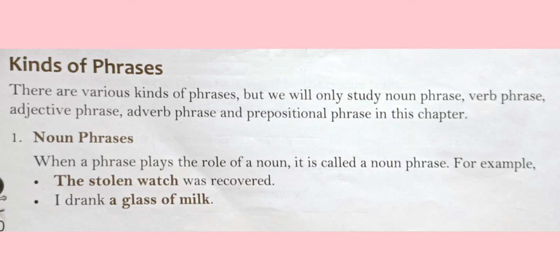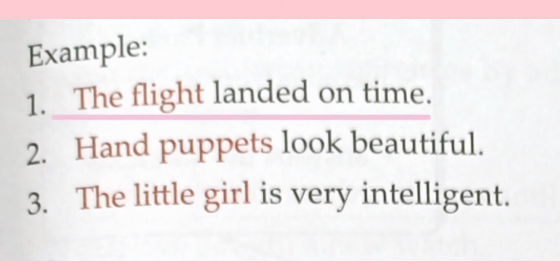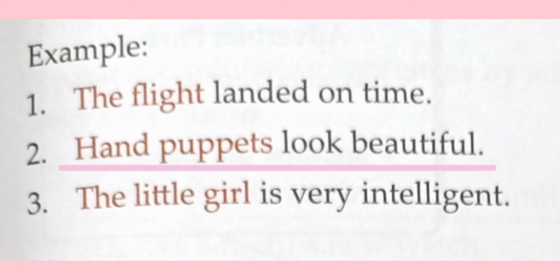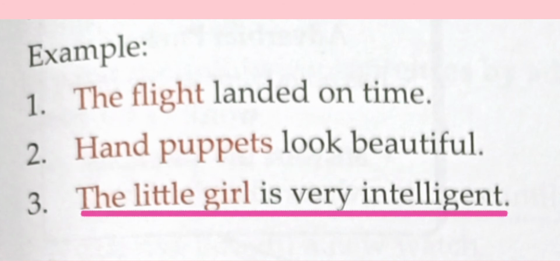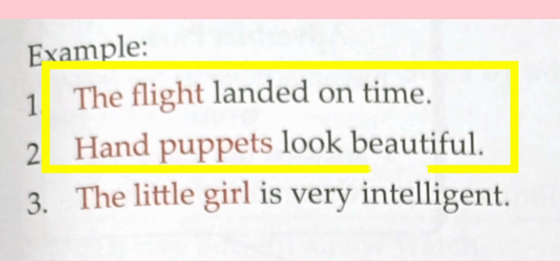Noun phrases. When a phrase plays the role of a noun, it is called a noun phrase. For example, the flight landed on time. Second example, hand puppets look beautiful. Another example can be, the little girl is very intelligent. The sentence 1 and 2 answer the question what.